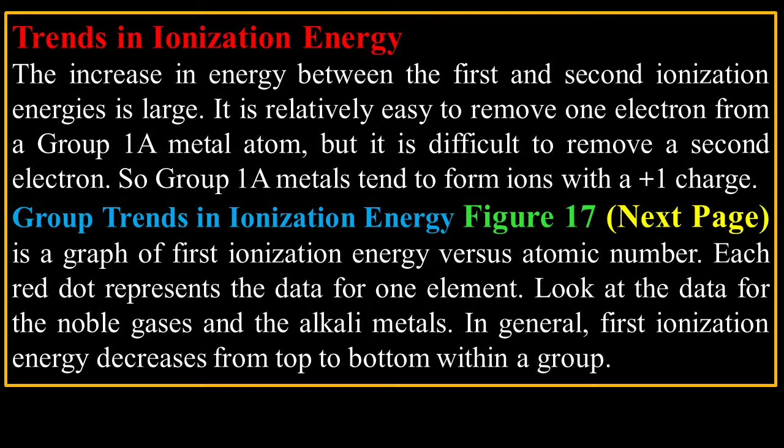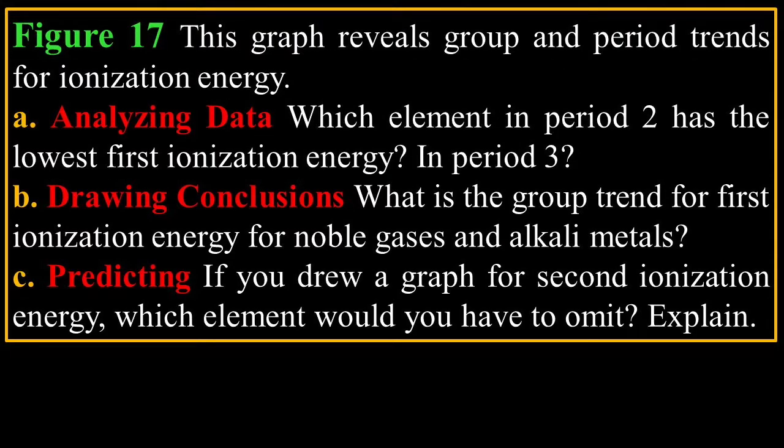Notice where it says, so group 1A metals tend to form ions with, that should be a +1 charge. Anytime you have an ionization energy taking away an electron, it's a +1 charge. That plus should not be understood. It should be there. Figure 17: this graph reveals group and period trends for ionization energy.